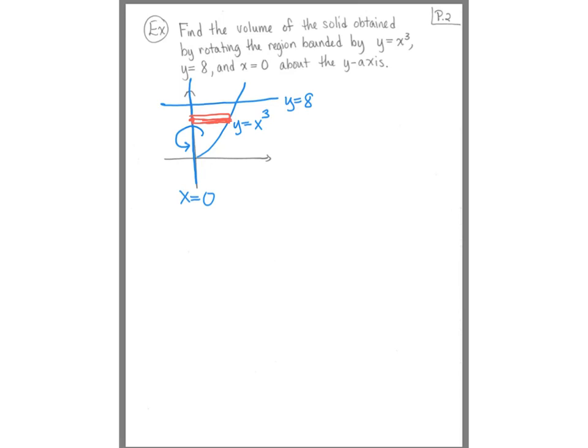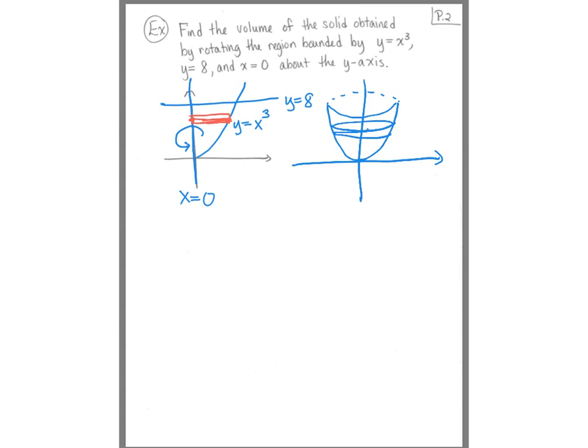Picture-wise, when we revolve that region around, we get something like so. If you consider the rectangle moving around, then you have something like that, okay?